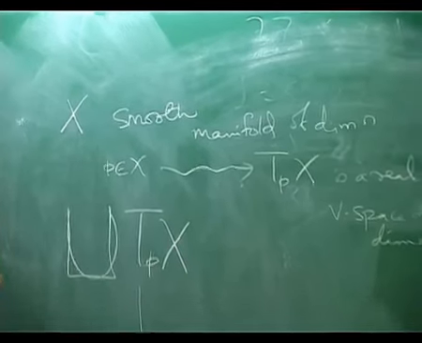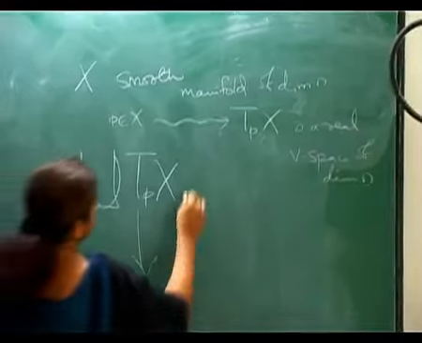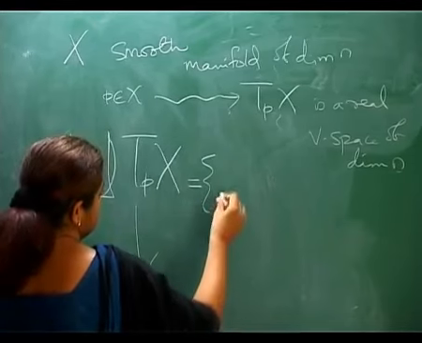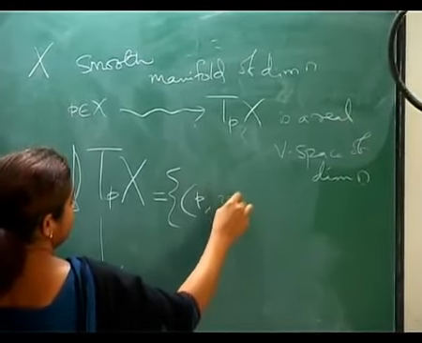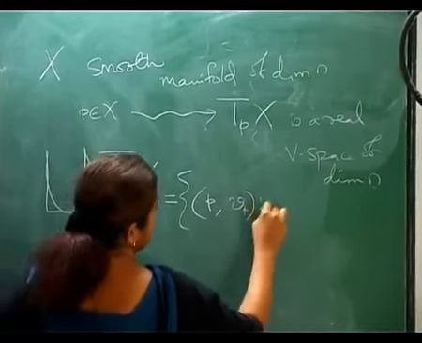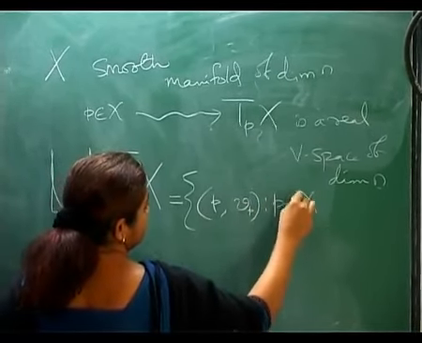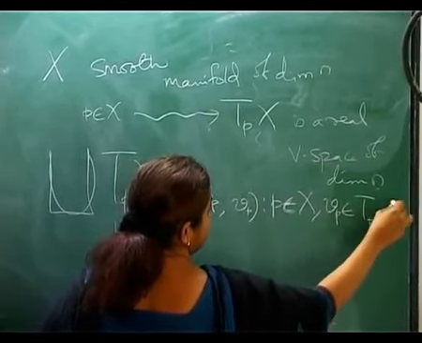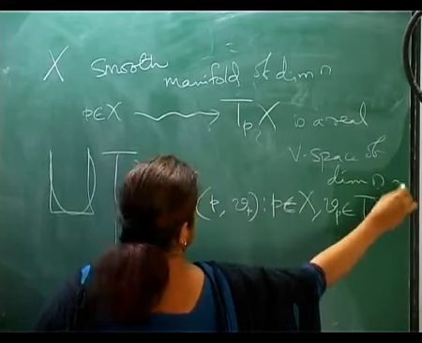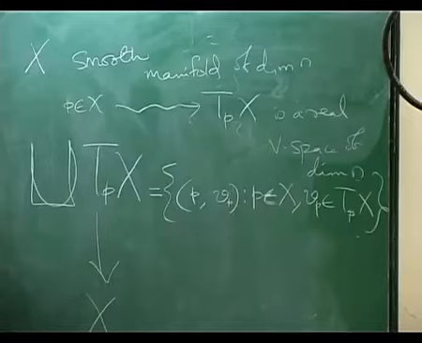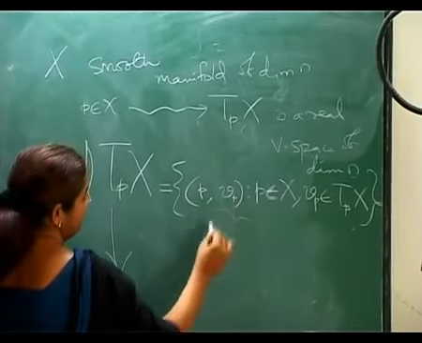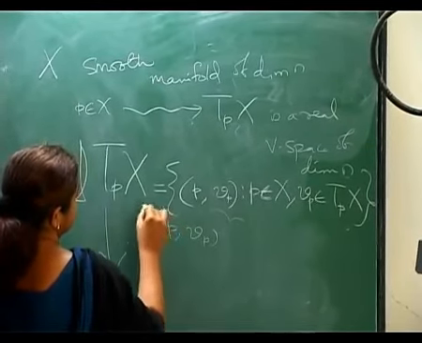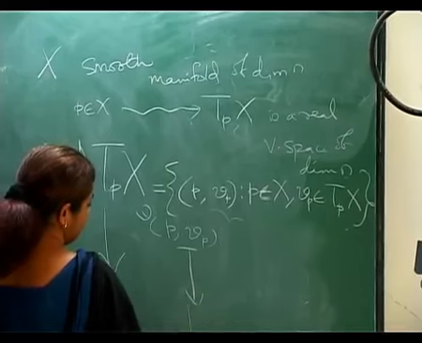This admits a map to X itself, because this is precisely the collection of all pairs P and the vector Vp, where P is a point on X, and Vp is a tangent vector at this particular point on X. For any such pair, you send the pair P, Vp to the point P.